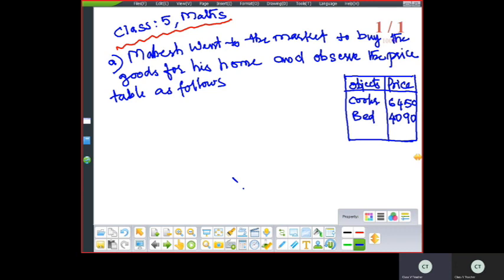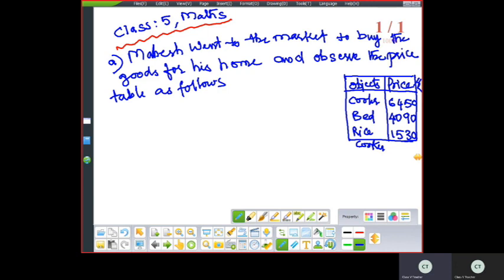And rice cooker is 1,530 rupees. So these are the necessity things you want to buy. So these all are rupees, children. Okay. So these are the price tags of the object.